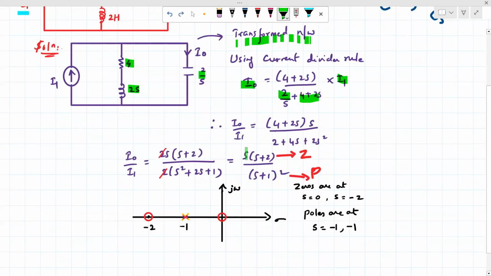So from this equation, from the numerator, zeros are at S is equal to 0 and S is equal to -2, and poles are at S is equal to -1, -1. So 2 poles are there at the S is equal to -1 position. I have indicated with 2 colors. And zeros are at 0 as well as -2. So this completes the numerical.